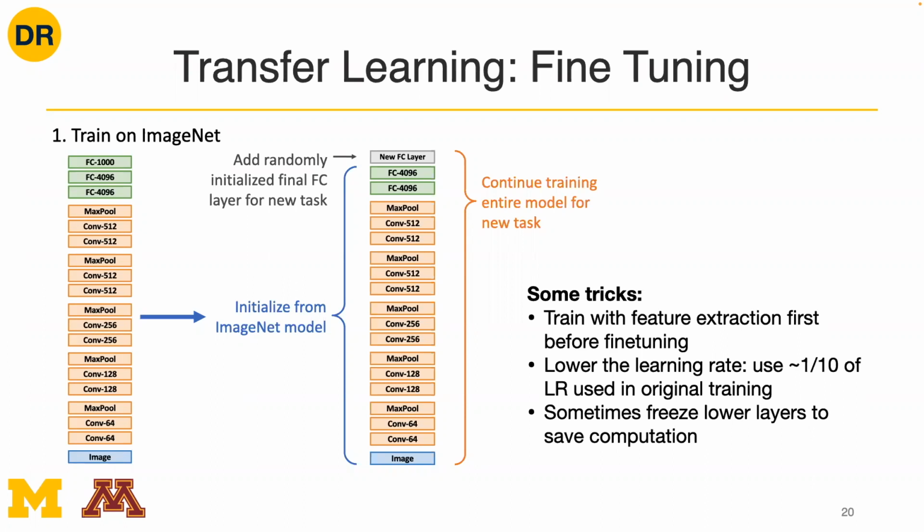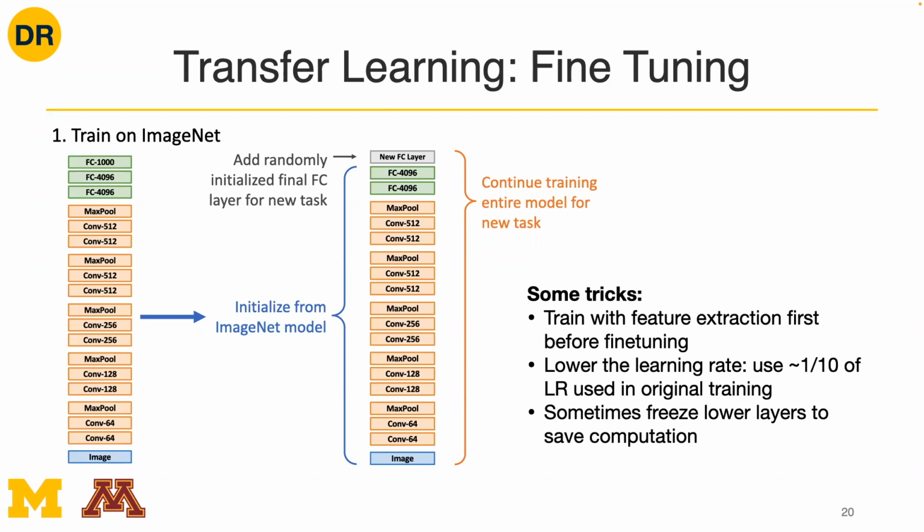Sometimes it's also useful to freeze your lower layers. That is because your lower layers, which are closer to your input, are extracting representations that are more fundamental. For instance, they could be capturing information like edges, corners, and then trying to find color gradients and so forth.